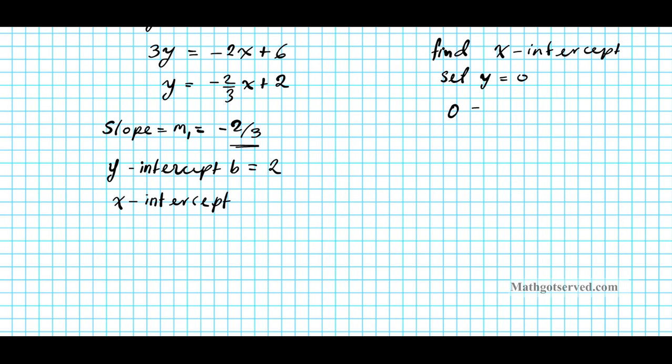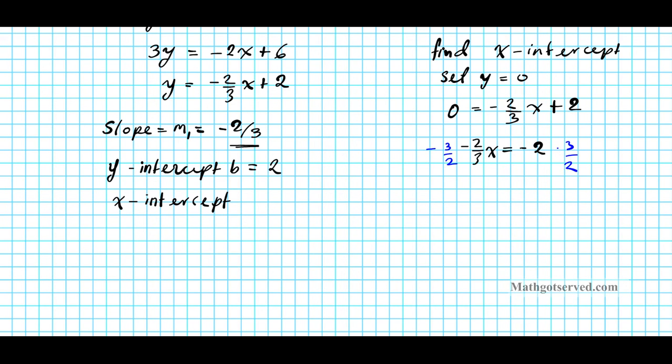All right, so if we do that, we have 0 equals negative 2/3 x plus 2. To isolate x, we just subtract 2 from both sides. So that gives us negative 2/3 x equals negative 2. And then multiply both sides by the negative reciprocal of 2/3, so multiply this by negative 3 over 2, and this by negative 3 over 2 also.